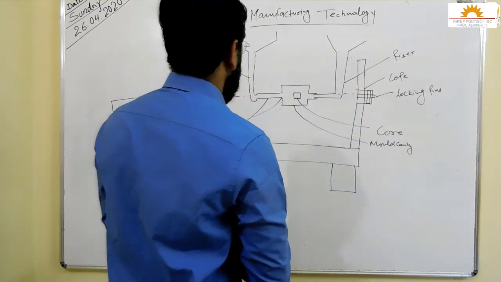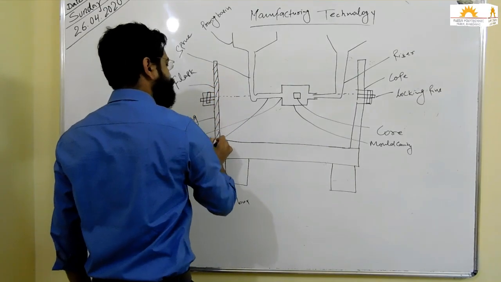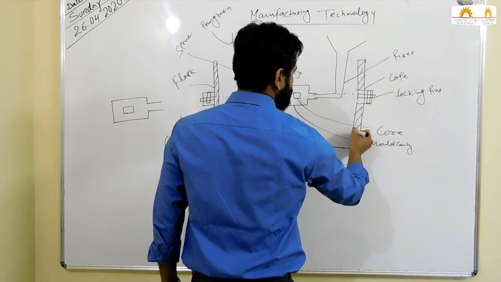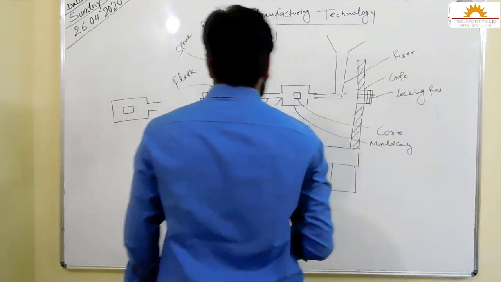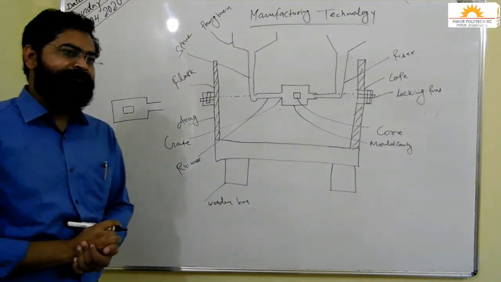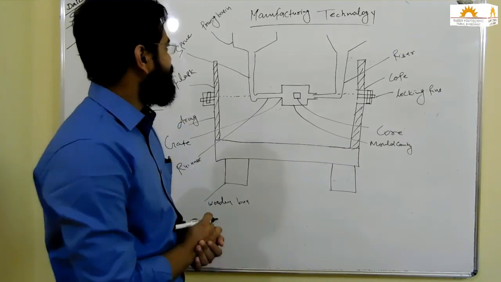So casting is pouring or injecting the molten metal into the mold and allowing it to solidify.